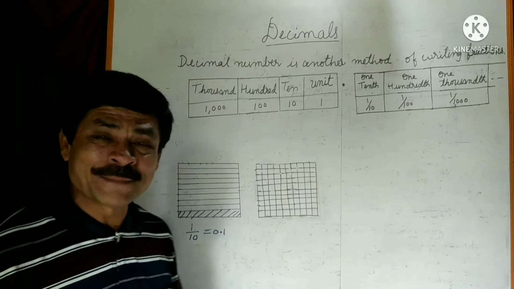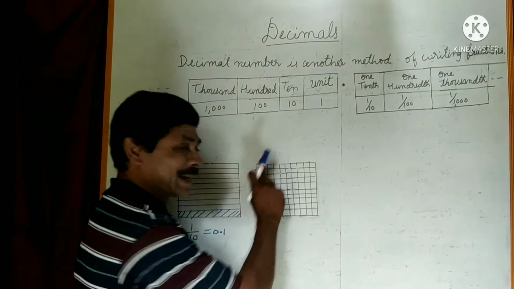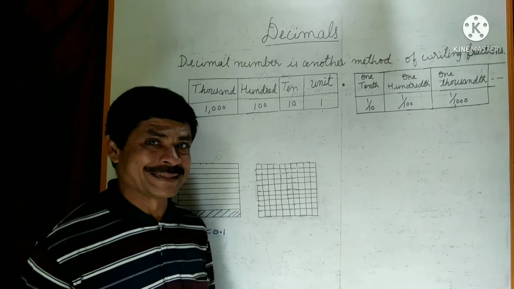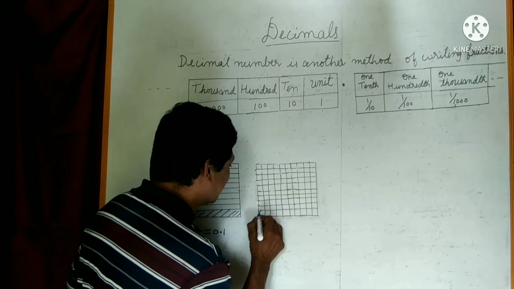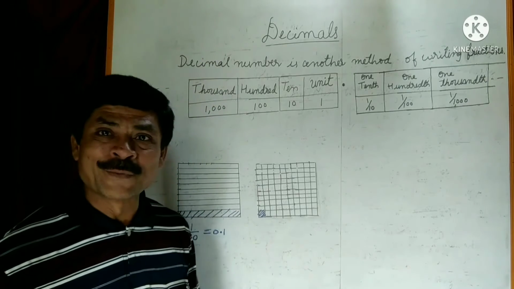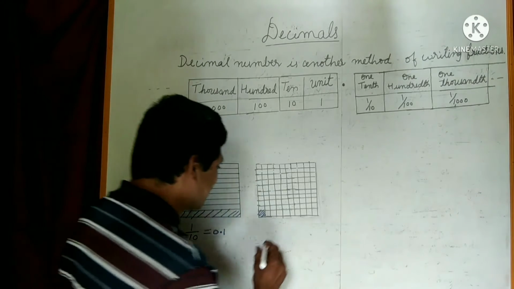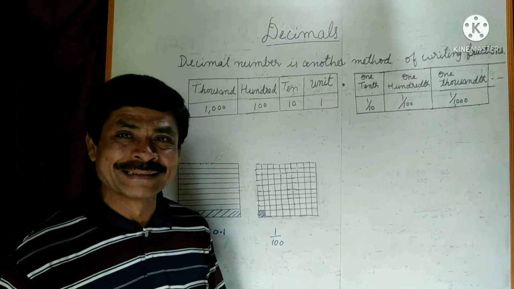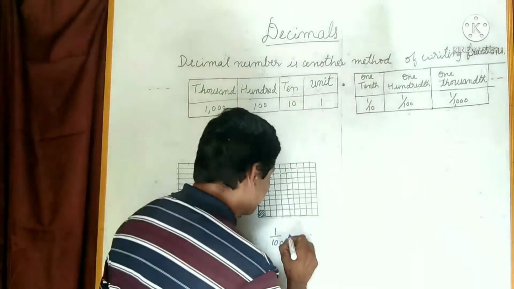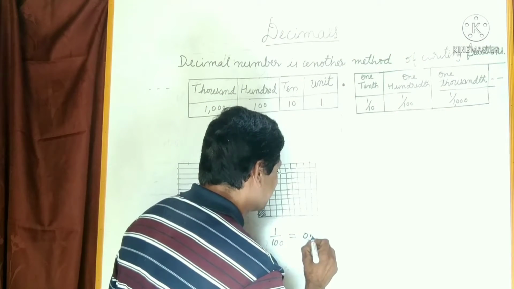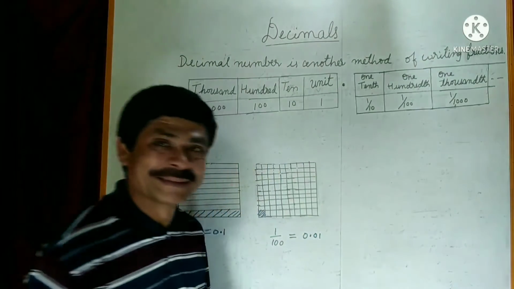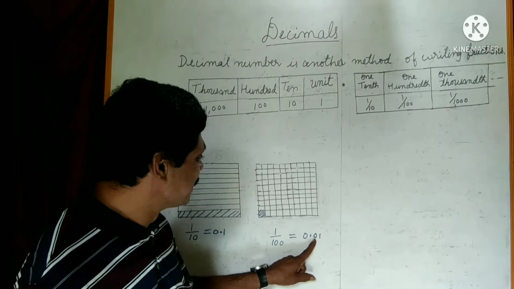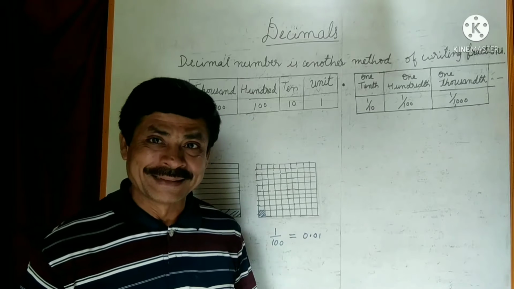Let us take another example. The same square, you will divide into 100 equal parts and color one part of it, and it can be written as 1/100. In another form, this can be written as 0.01, and read as 0.01.